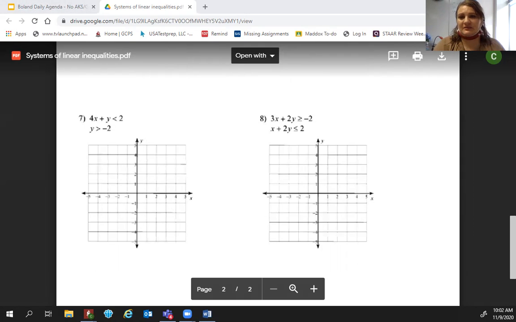This time, I am going to use a different color. Okay. I have no highlighting option. So what I'm going to do is try to use a different type of pen so that you guys can see where they overlap.